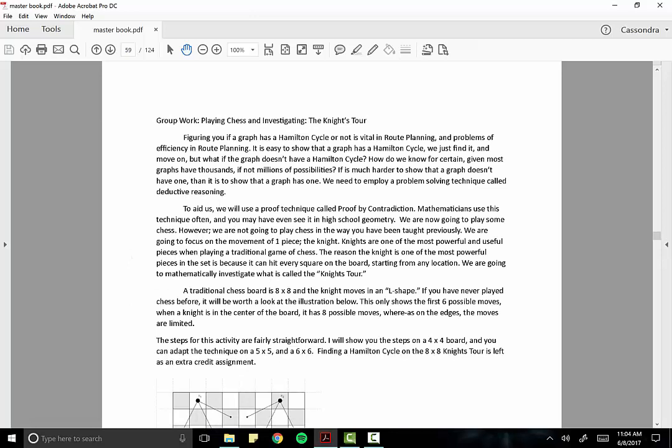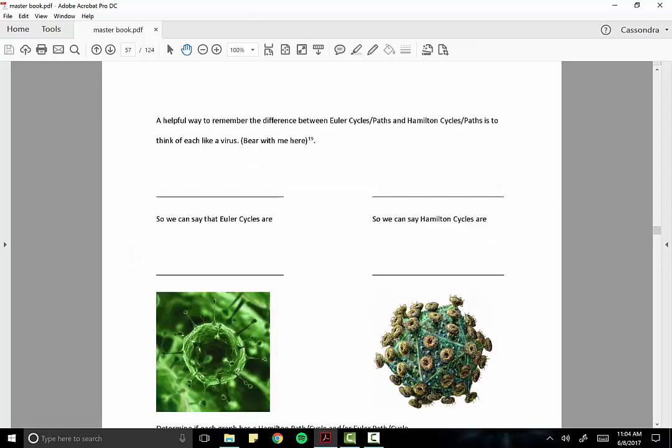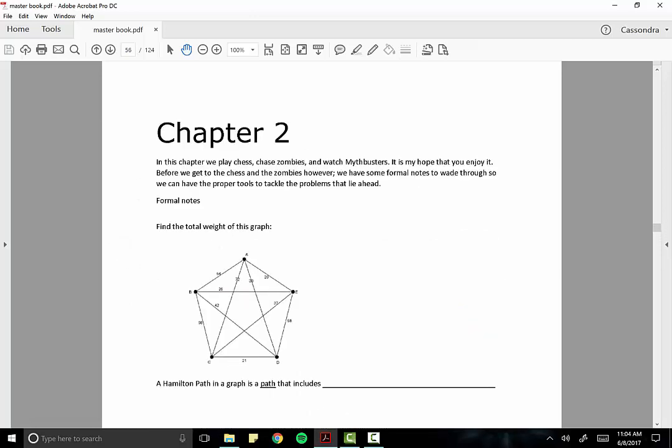So in section 1, I am worried about you knowing what weights of graphs are. I want you to know what a Hamilton cycle is. I want you to know what a Hamilton path is. I want you to know the properties of graphs that allow you to have these things or not.